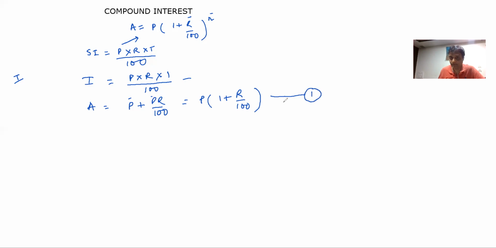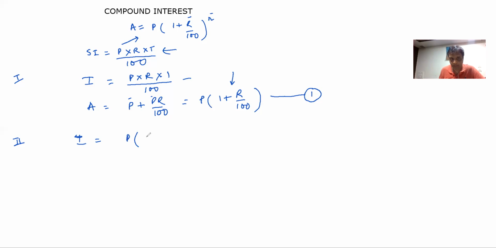Note this, very important. Let's start with the second year. This is the amount at the end of the first year. My second year interest will be calculated on this money, isn't it? This is the money with the bank now. So my second year interest will again be calculated with the formula P into R into T upon 100.